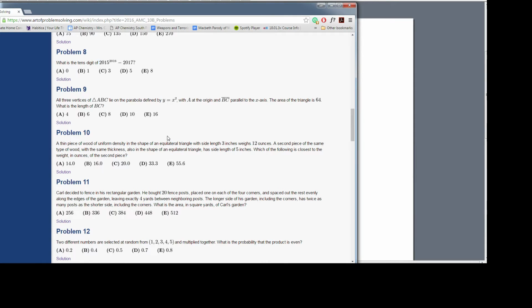But I don't know what uniform density is in the shape of an equilateral triangle, and it's just a bunch of other information. I mean, this problem sounds very confusing and difficult, but if you just think about it, there's only one way you can actually do this problem.